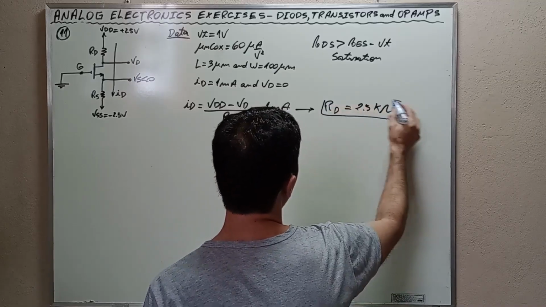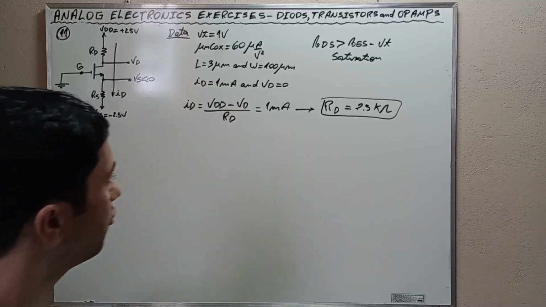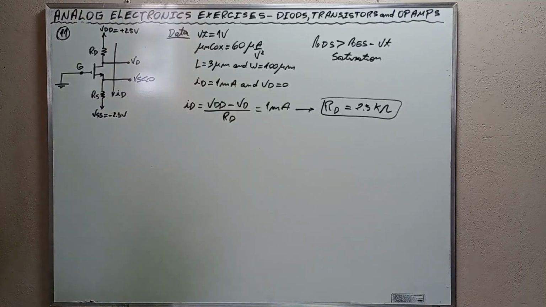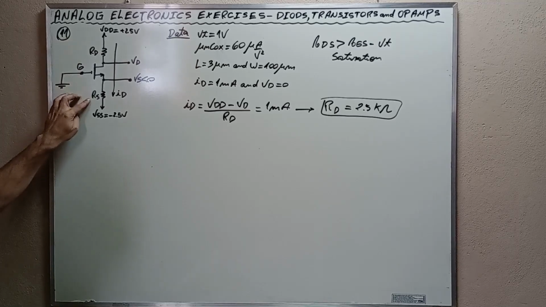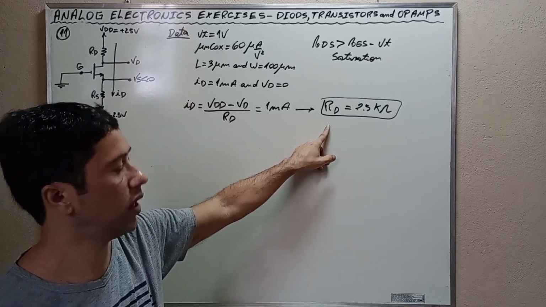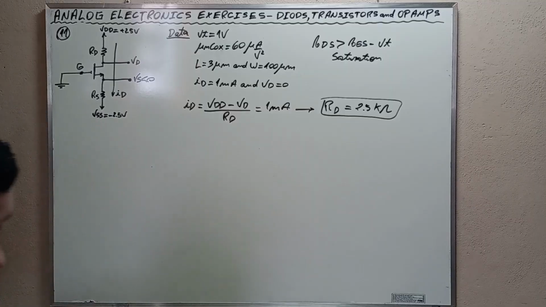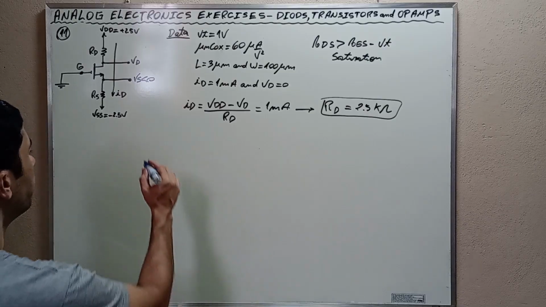Okay, this is the first result. The exercise wanted us to calculate RD and RS. We have already calculated RD. Now we need to calculate RS. As we are working with the device in saturation, this expression is valid.